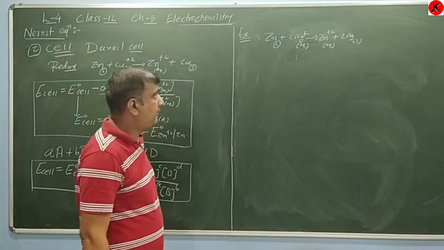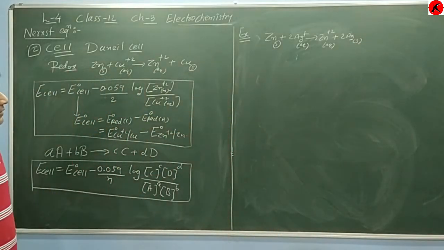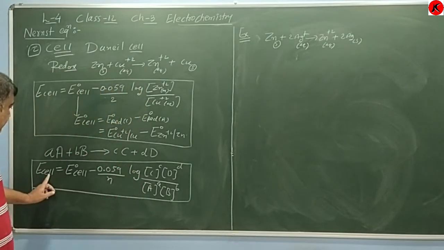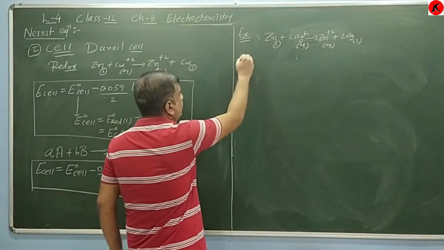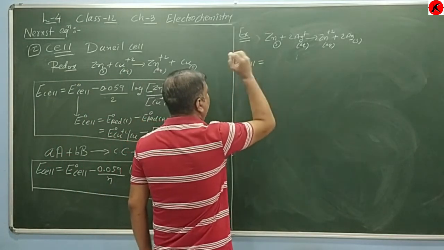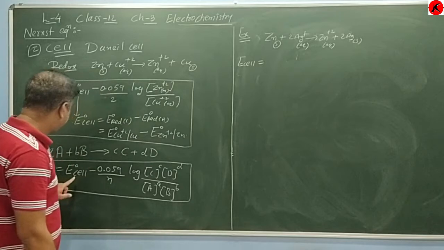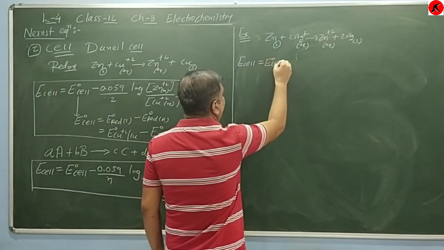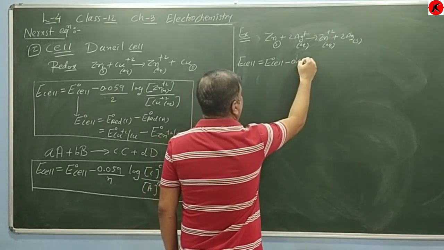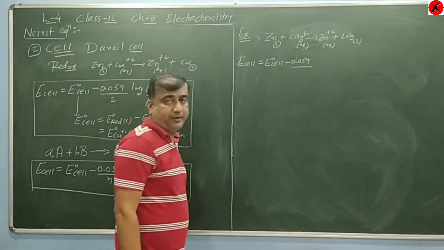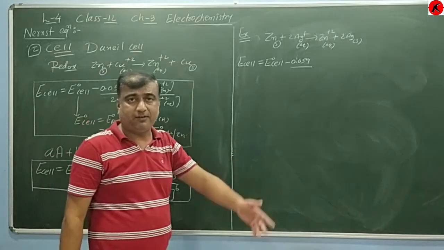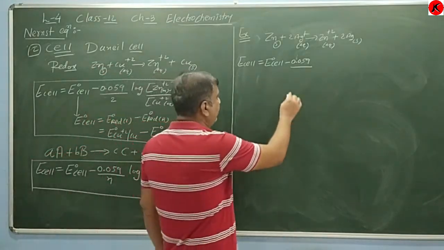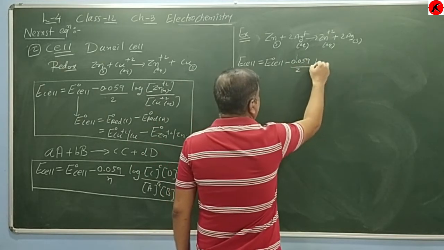So how to write the Nernst equation for this redox reaction? E cell equal to E naught cell minus 0.059 upon n. Zn is converted to Zn2+ plus 2 electrons, that means the value of n equal to 2, log.